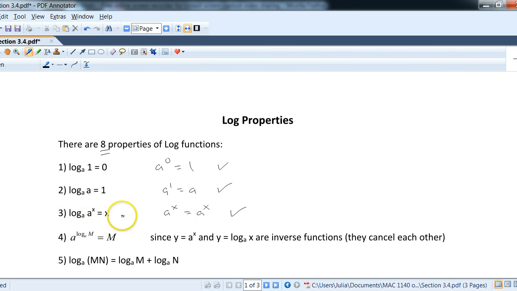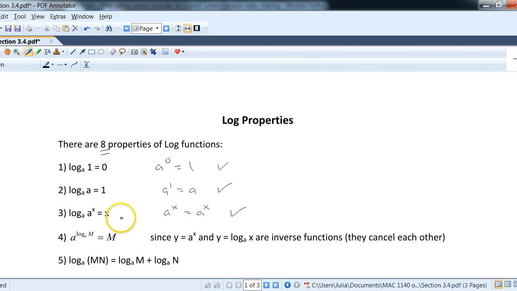And there is actually a deeper reason for this property. What it means is that log and the exponential, as long as the bases are the same, are inverses of each other, which basically means they cancel each other. If first you raise to the exponent x, then you take the log of that function, then you get back to the original x. So they cancel. And this is the reason.